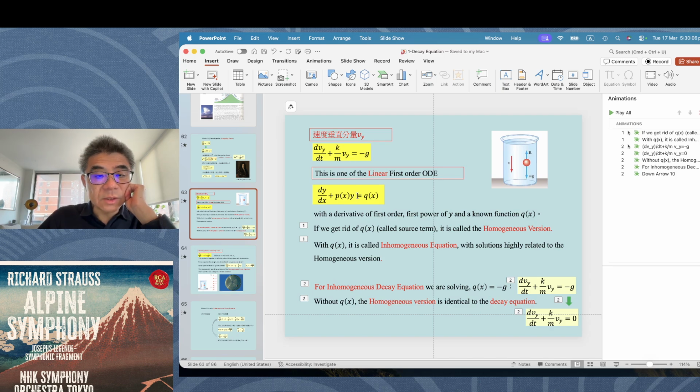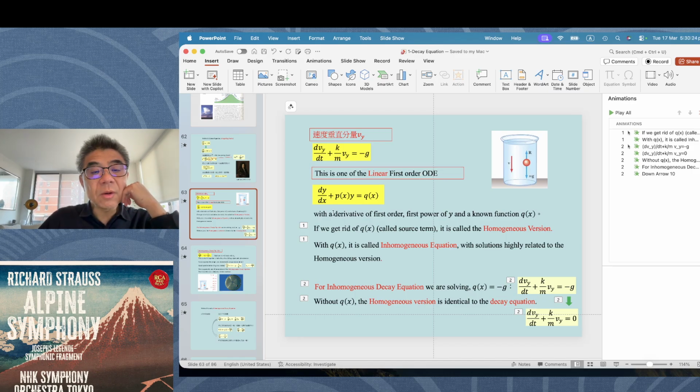This Q(x) corresponds to the minus g on the right-hand side of the original equation. So this is almost the most general form of the linear first order ordinary equation.